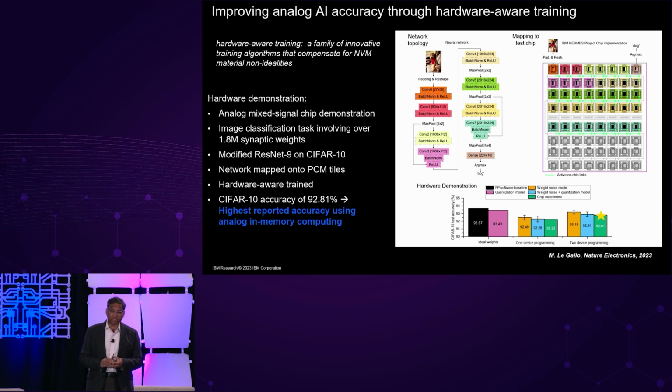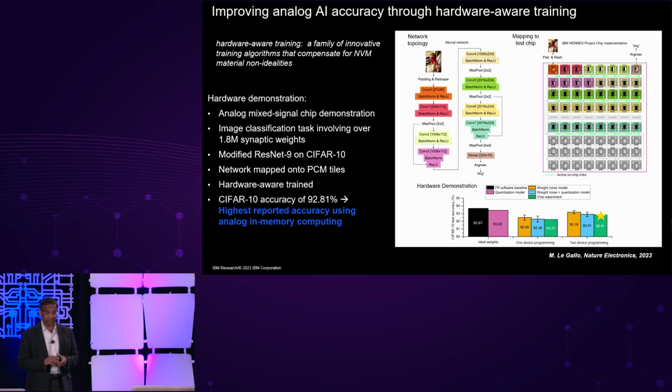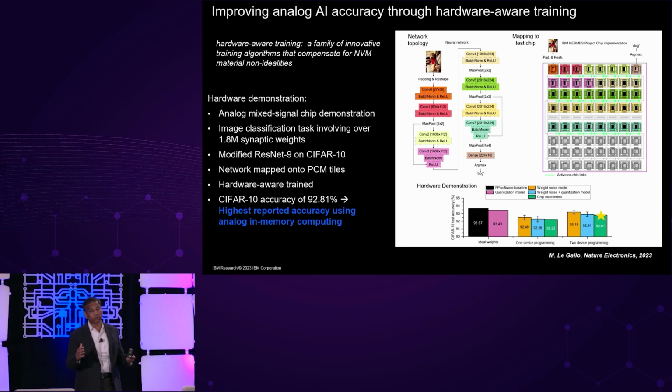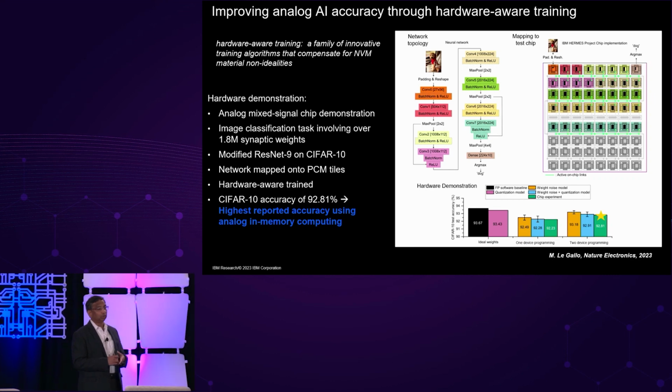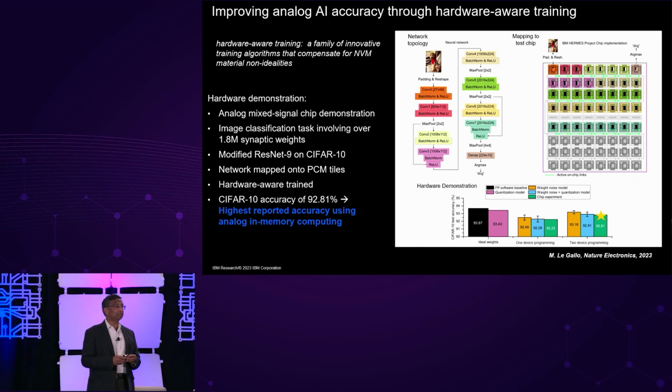We are able to demonstrate image classification tasks involving millions of synaptic weights, with some of the standard models like ResNet-9, CIFAR-10. These networks were mapped on the PCM tile, and we are starting to get accuracy which is very close to the floating-point 32-bit type of accuracy that you would get if you did it traditionally using digital technology.